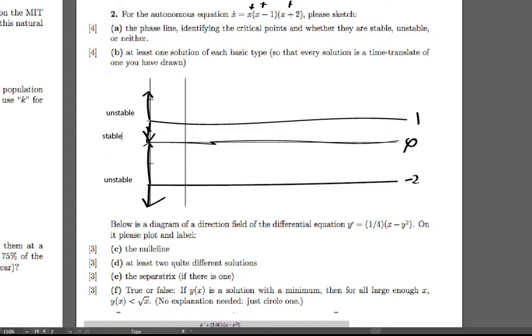And then at least one solution of each basic type. So let's find a function which starts from above 1. It would later go higher and higher. But what happens when it is slightly below 1?